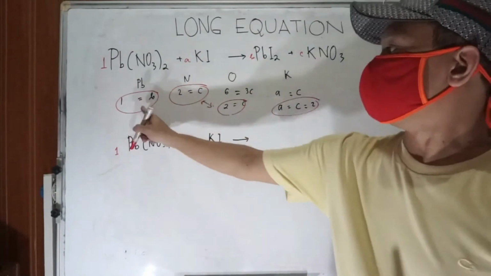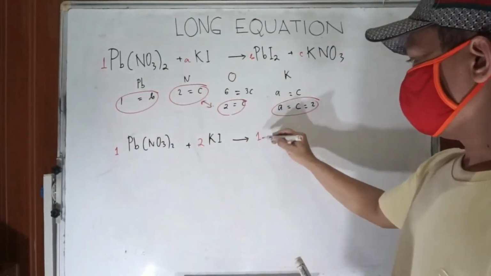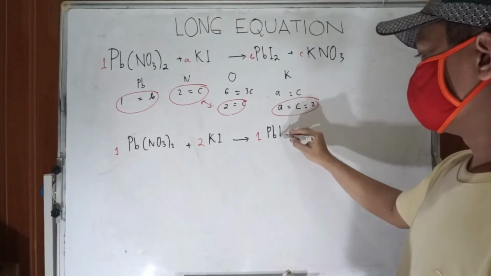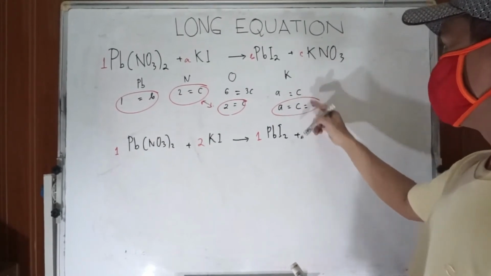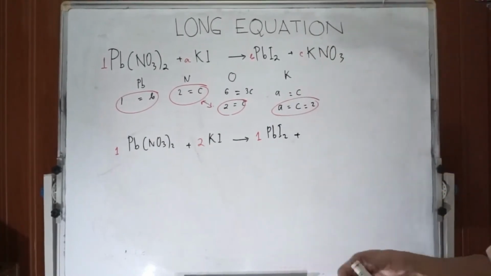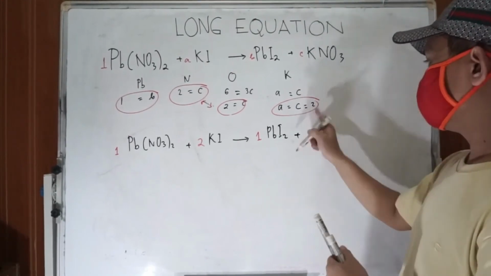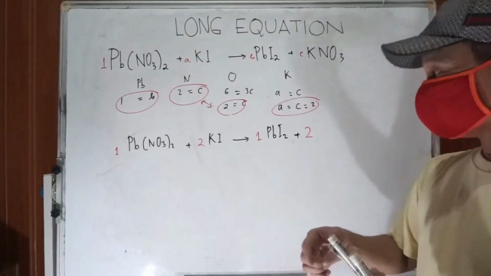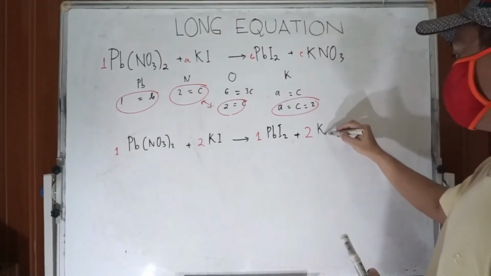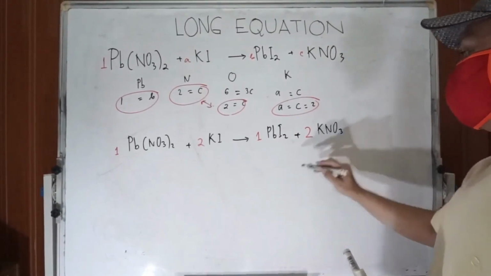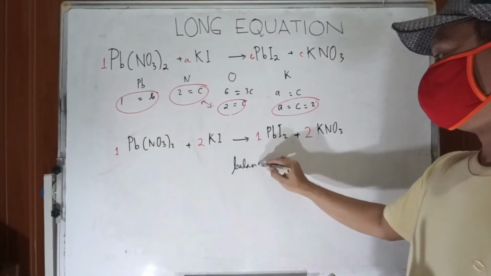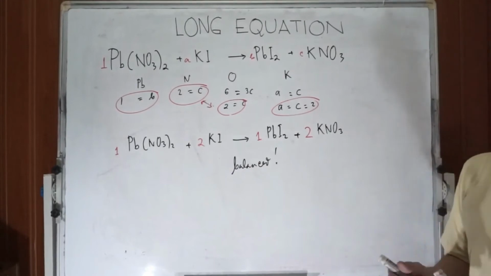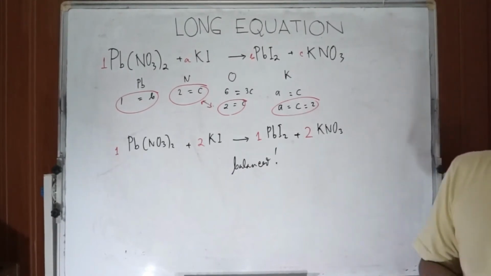B is 1. 1 PbI2 plus C. How many C? 2. Here, 2 KNO3. Right? Very easy, right? So that is how to balance the long equation.